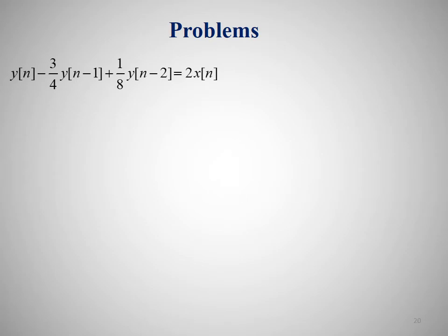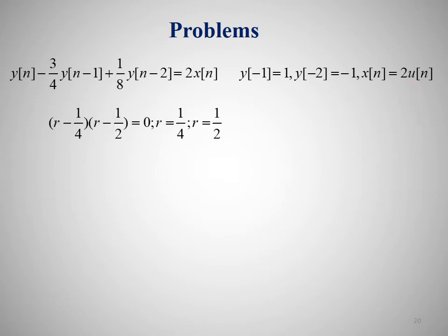Next, let us go on for one more problem on finding the natural response in a discrete time case. The question given is y of n minus 3 by 4 y of n minus 1 plus 1 by 8 y of n minus 2 is equal to 2 of x of n. The initial conditions given are y of minus 1 is 1, y of minus 2 is minus 1, and x of n is 2 into u of n.